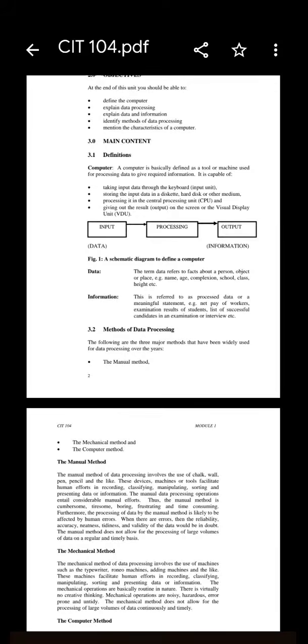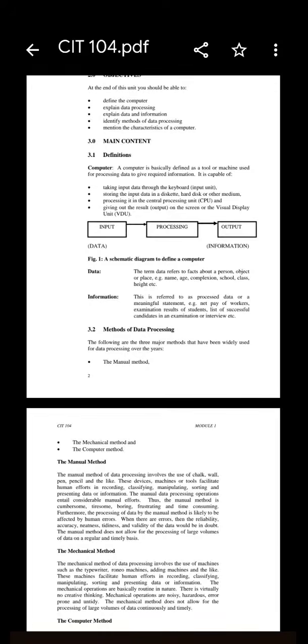What is data? Data is any material that is a fact about somebody, an object, or a place. Anything that relates to someone's identity. For example, your age is data. If they collect the ages of, let me say, 5 of our students, those different ages will form the data.